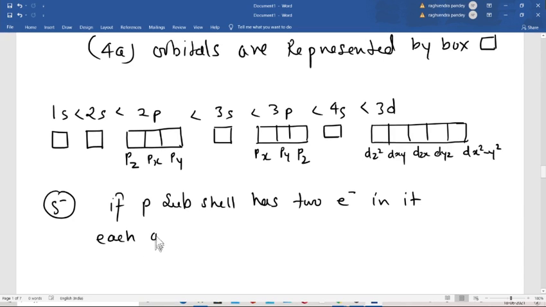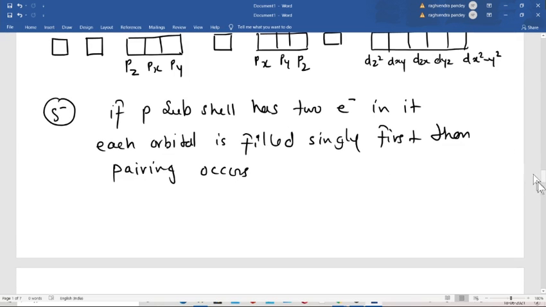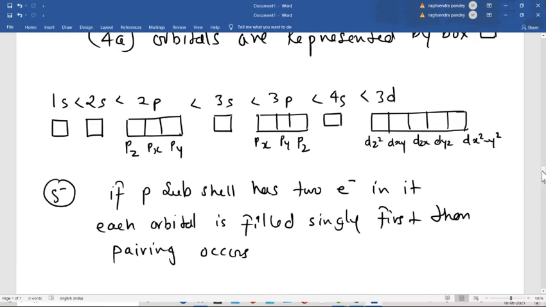Each orbital is filled singly first, then pairing occurs. There are names for these rules, but we will discuss the names of the scientists later on. This we have done.